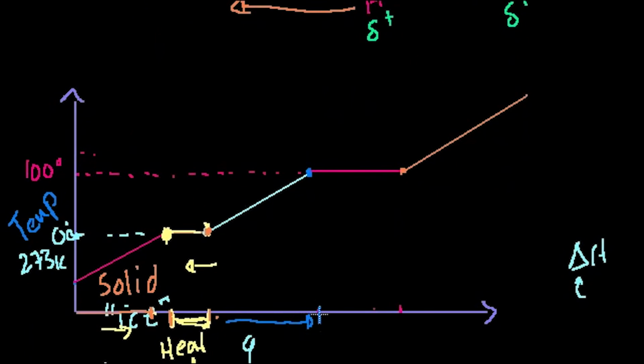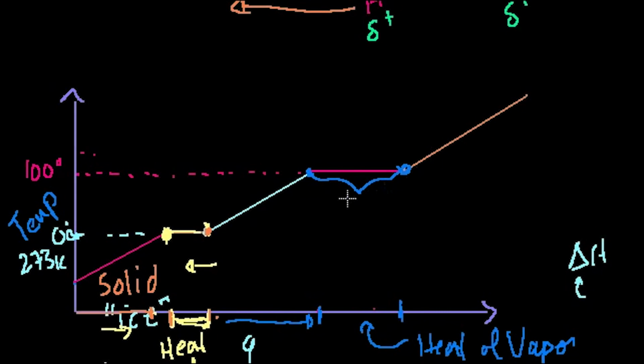Heat of vaporization. And the same idea is happening. Before we were sliding next to each other, now we're pulling them apart altogether. So they could definitely fall closer together. And then once we've added this much heat, now we're just heating up the steam, or just heating up the gaseous water, and it's just getting hotter and hotter and hotter.